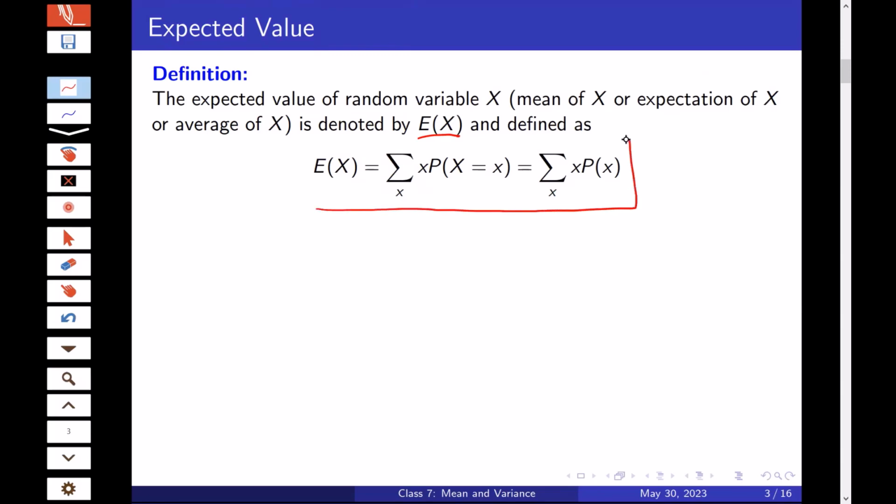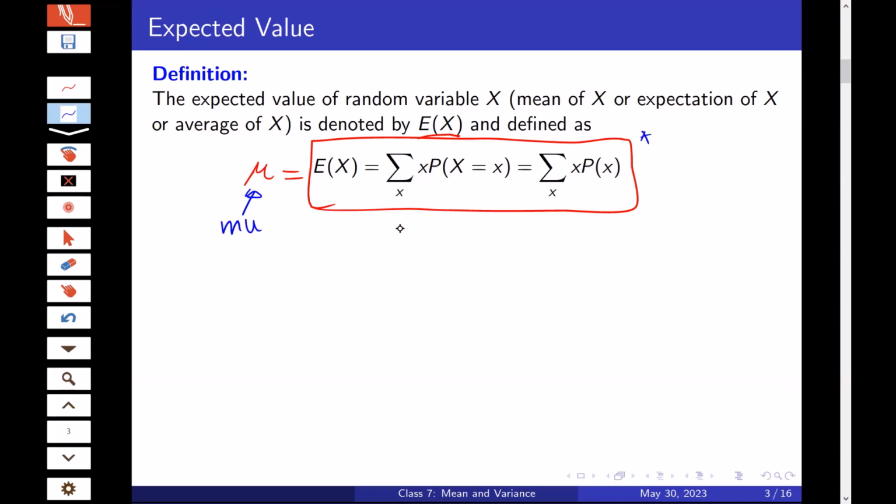The expected value is also denoted by mu, a Greek letter called mu. You can bring this one into your cheat note when you are doing exams.